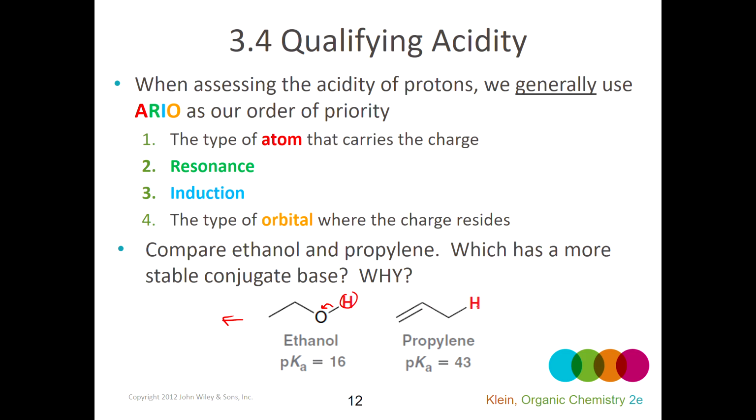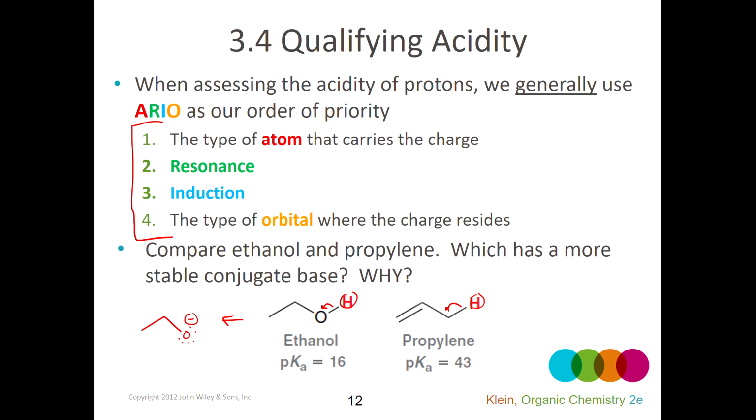So if they're going to act as acids, I'm looking at the possibility of them giving up a proton, keeping the electrons behind, to see how stable are those electrons and how stable is the charge that's produced. Because if I'm looking at a formal charge, I can use these factors to differentiate between which charge is more stable.